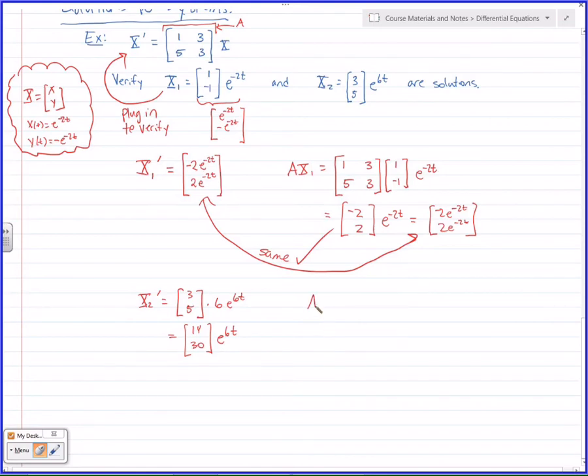If I do A times x2, that's 1, 3, 5, 3 times 3, 5 e to the 6t, which gives me 18 and 30 e to the 6t.